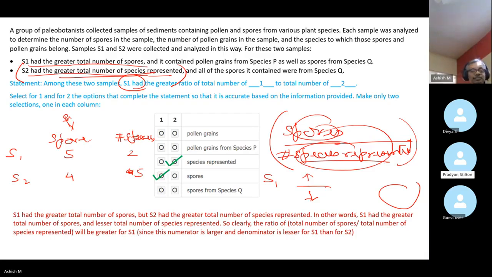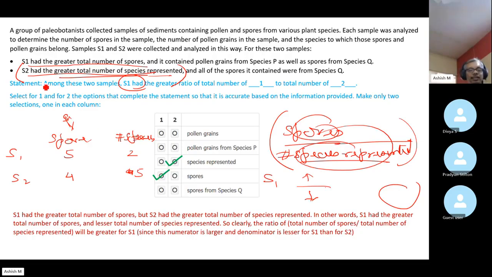I understood that if you take a count of the number of spores, number of pollens, and number of species, out of these three, the greatest value was the number of species represented for an individual sample, not in comparison with another sample. What Pradyan is saying is that, yeah, I really doubt that, Pradyan.